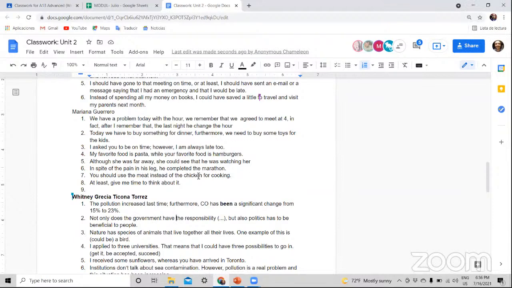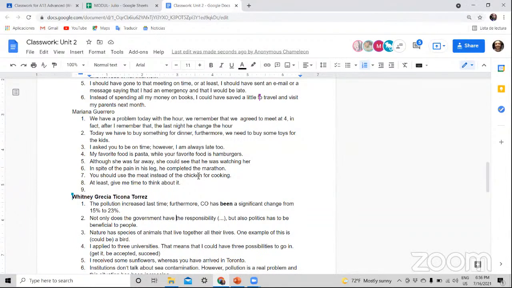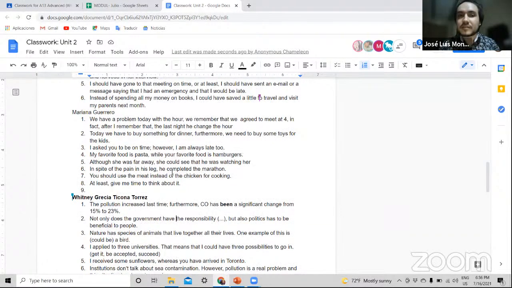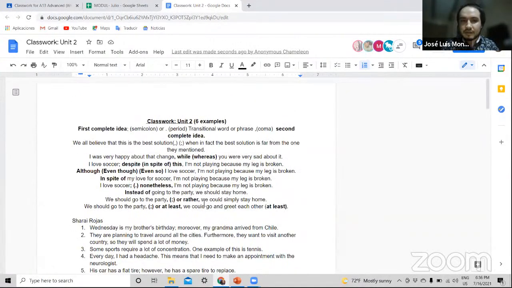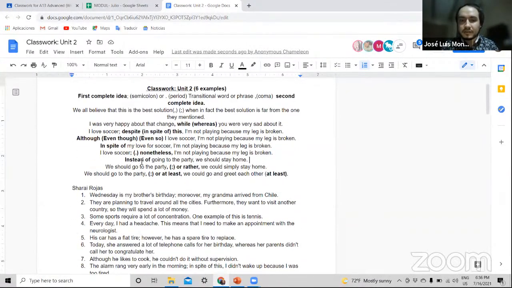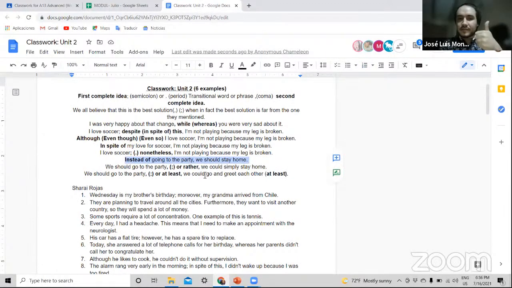You're using instead of, but you're not using instead of for complete ideas. You're using instead of as part of your one sentence. So again, grammatically speaking, your idea is correct, Mariana, but if we want to use this as a connector, we should follow this idea over here. And for this idea, you need first a phrase, a complete phrase with instead of, all right?